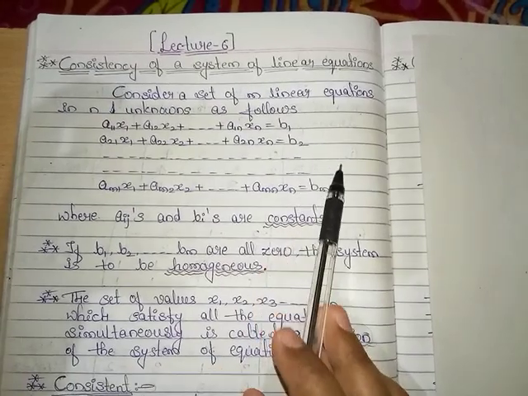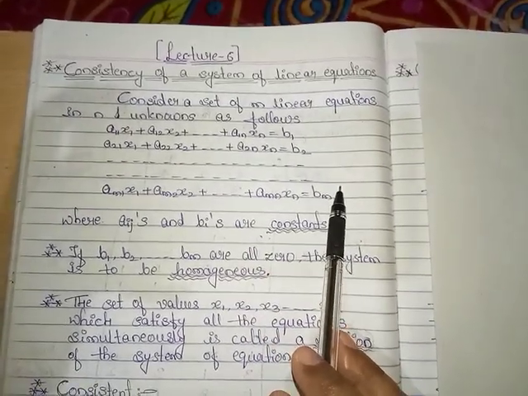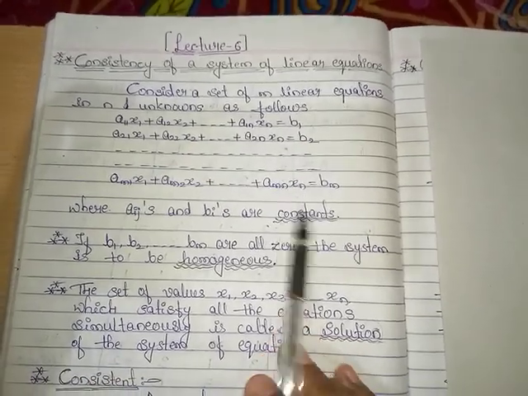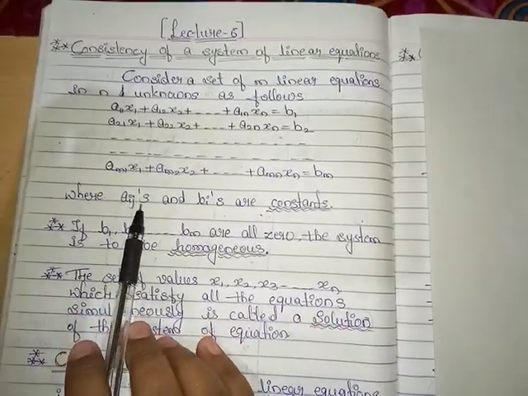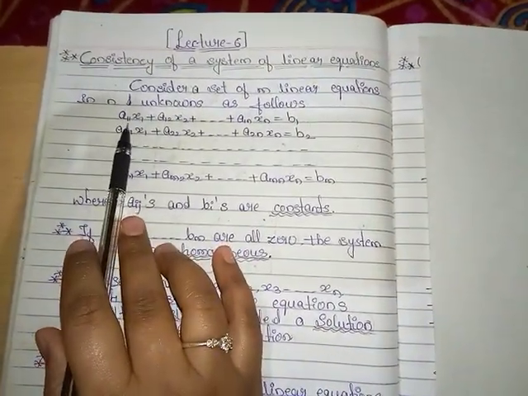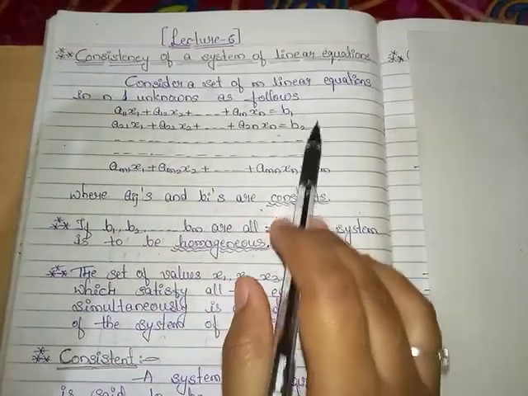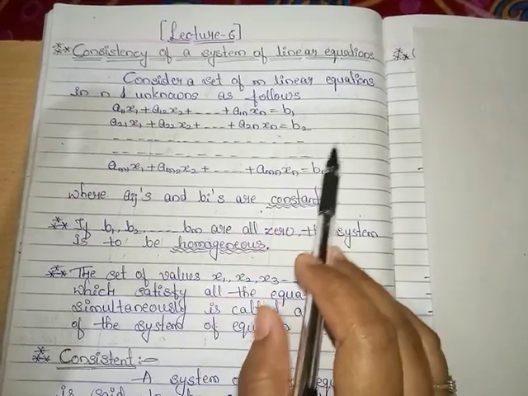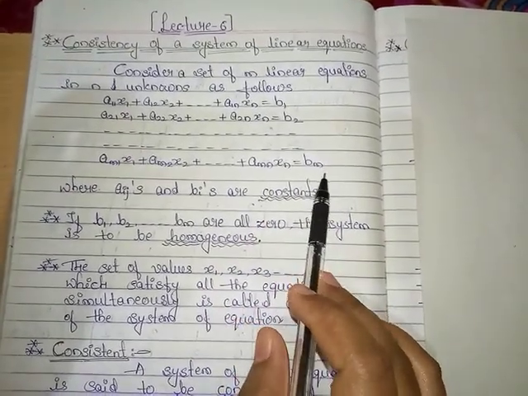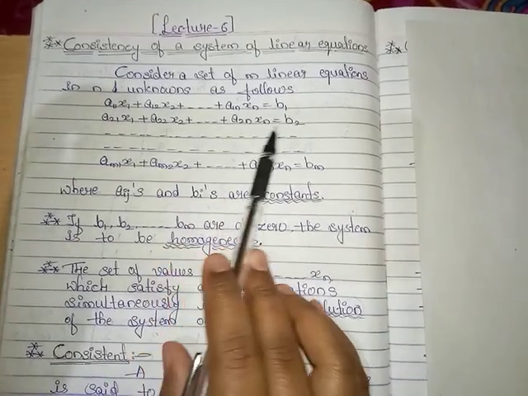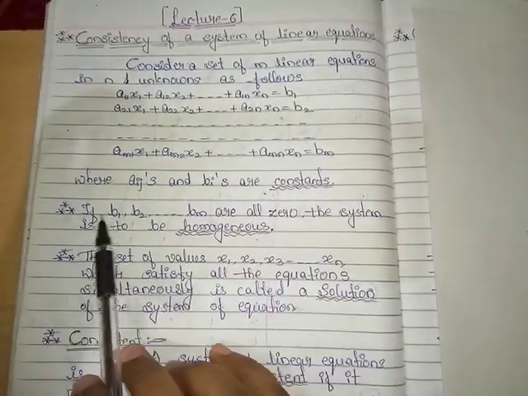We are considering m linear equations in n unknowns, where the aij's and the b1, b2 so on to bm are all constants here.